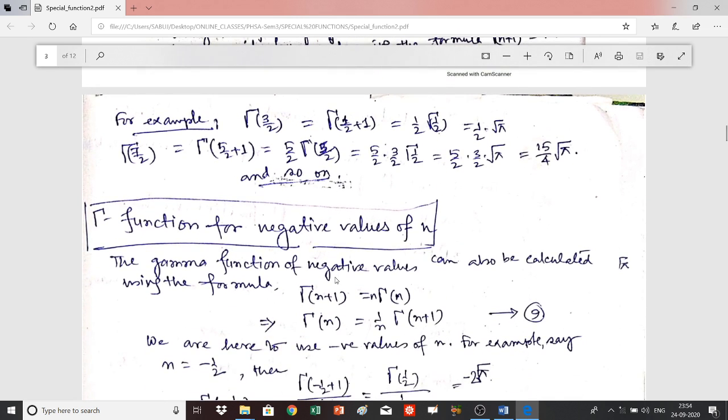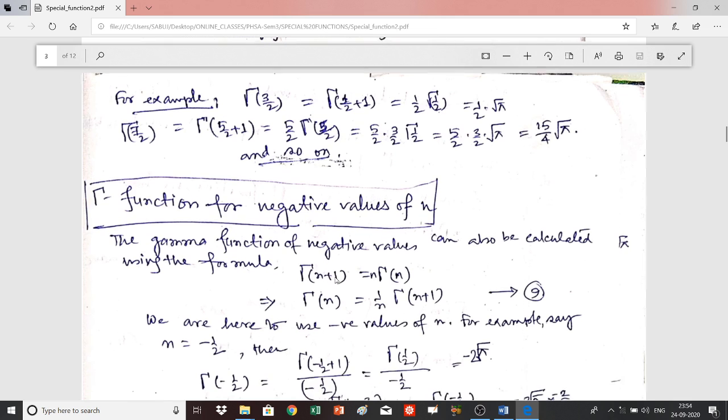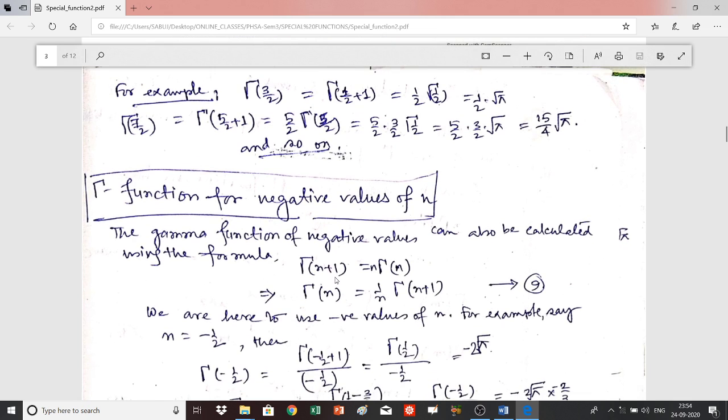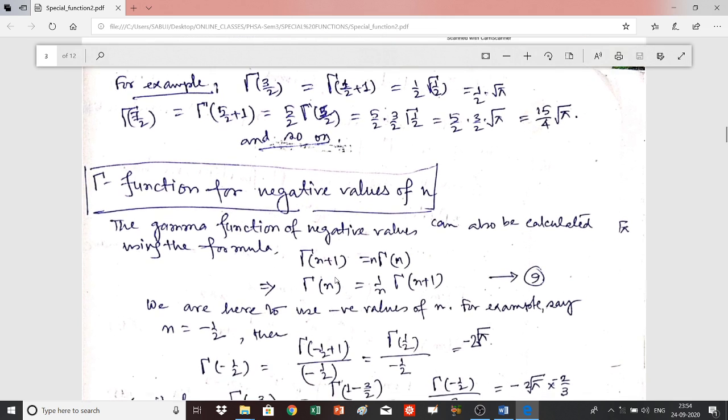Now come to the next topic, that is the gamma function for negative values of n. It is rather important to find out the values for negative n, because we already know how to find out the values for positive n, whether it is an even integer or an odd integer. The method of finding the values for positive values of n is already understood.